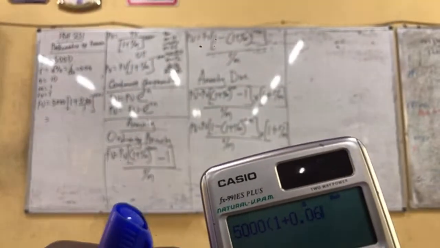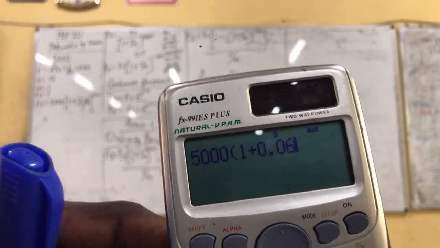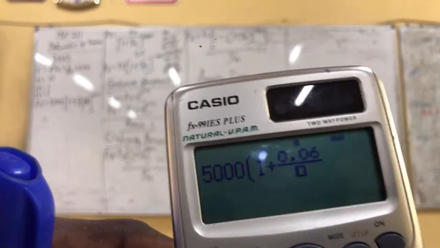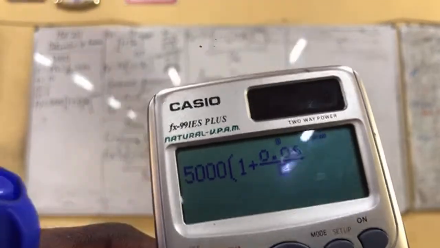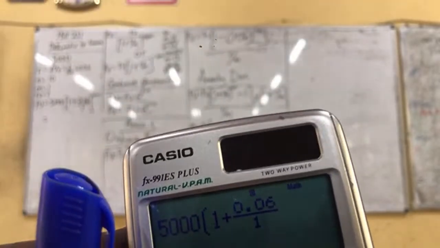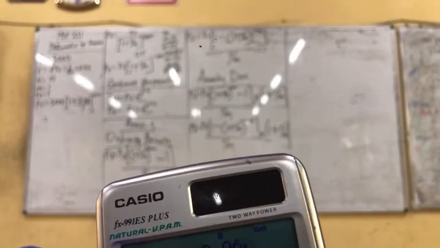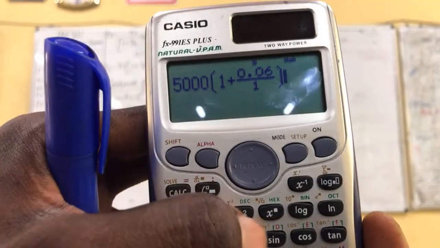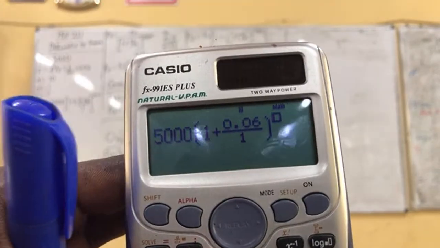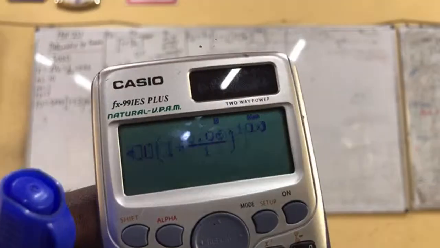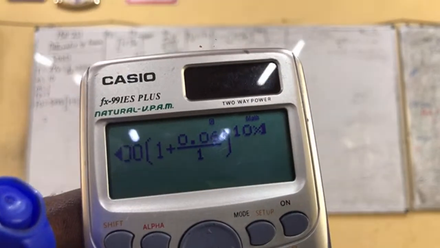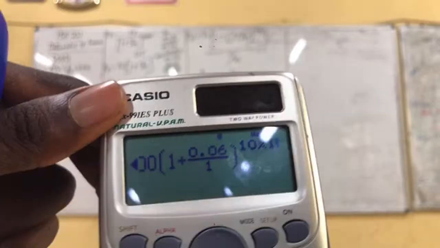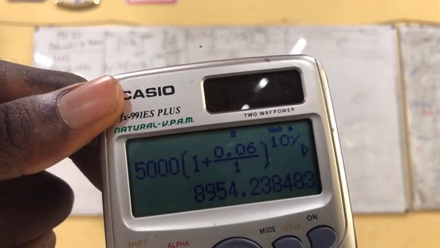Then you see this sign here, although it's over 1, but let me just show you in case of next time. When you press this sign over here, it's over 1. Then you adjust your cursor to the right hand side and close your bracket. Then this here is representing our power, that's 10 times 1. Then this is your answer.